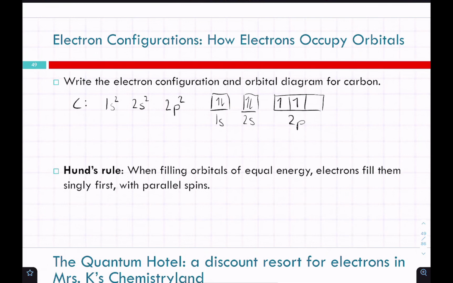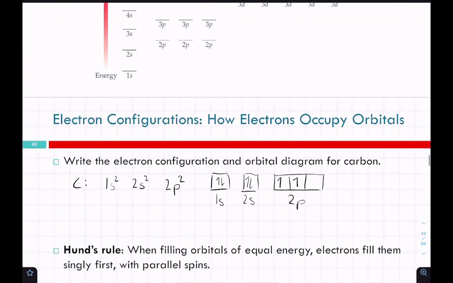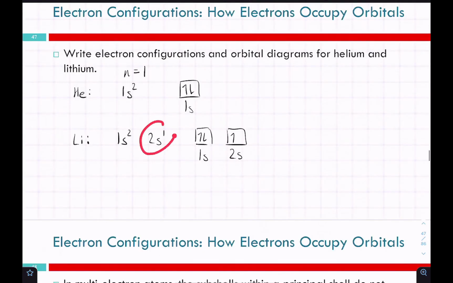If we did the electron configuration for lithium, its last electron was 2s1. Beryllium would also have its last electron in s. So that's called the s block. All of those elements have electron configurations that end in an s orbital.